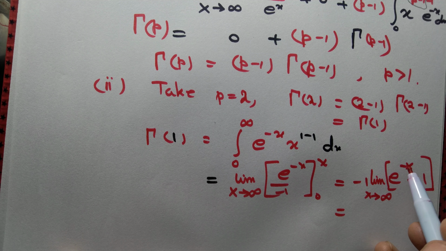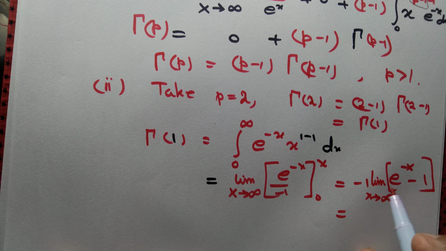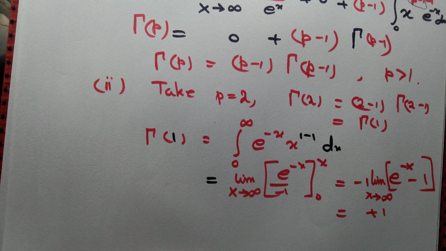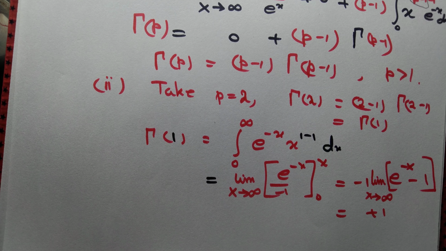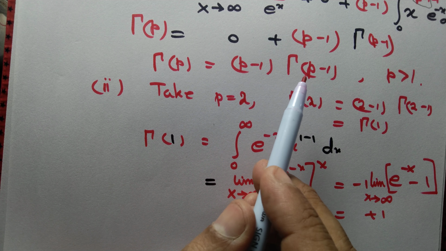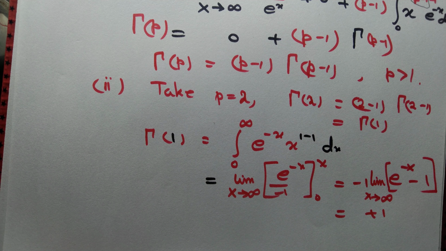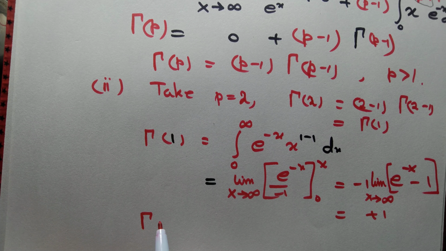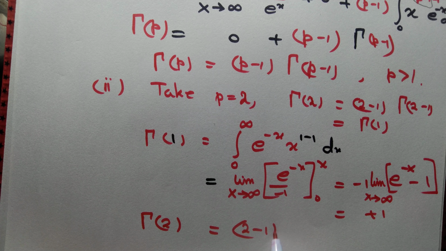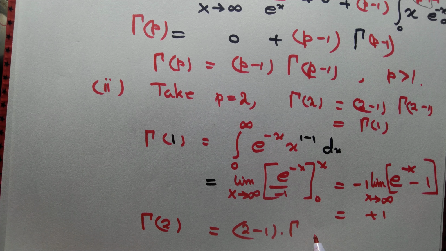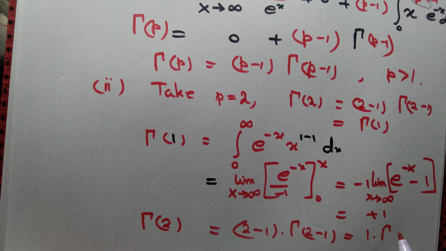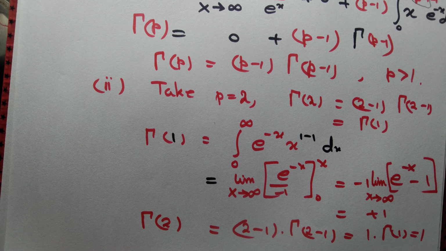As x tends to infinity, e to the power minus x tends to 0, and minus 1 is plus 1. So Gamma(1) equals 1. Now let's use the identity: Gamma(2) equals 2 minus 1 into Gamma(1), that's 1 times Gamma(1), but Gamma(1) is 1.